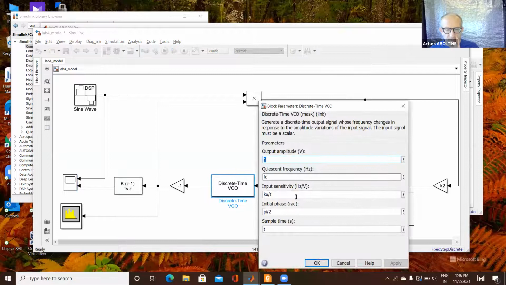Go to this. This is a capital T, yes. Initial phase, sample time, seconds, frequency, output amplitude, K0, -1. Okay, and what's the frequency for this sine wave block?